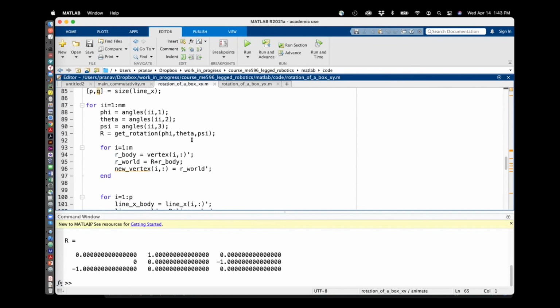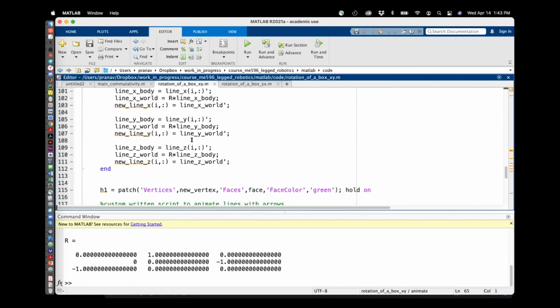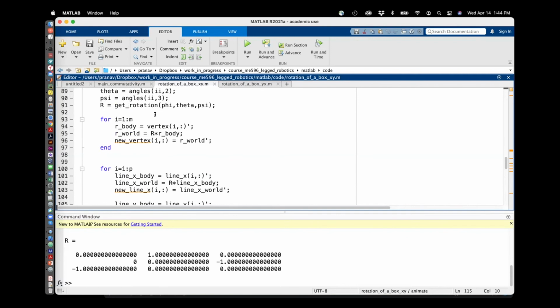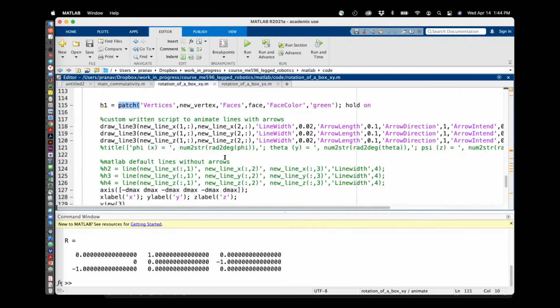And then I think I used patch, which I think I briefly covered, or maybe I gave you review videos on how to use patch. But I would just use this code again. If you want to draw a box, just use my code instead of trying to figure out all these combinations. But you can basically draw this.